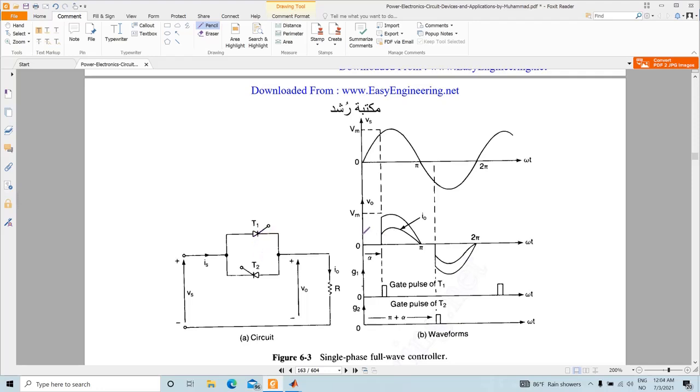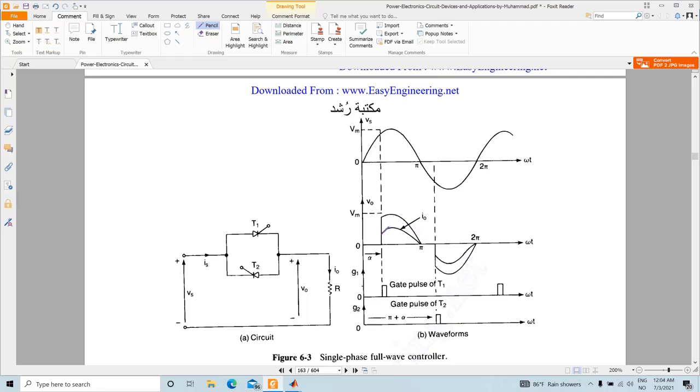So in this particular case, again our delay angle is alpha, so after alpha we are triggering these thyristors.